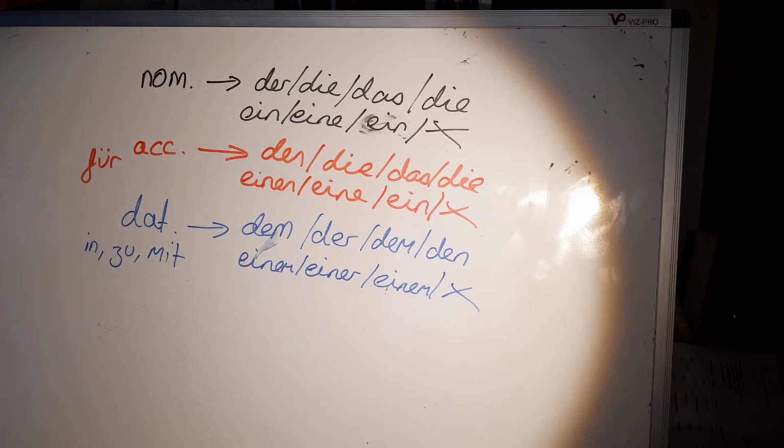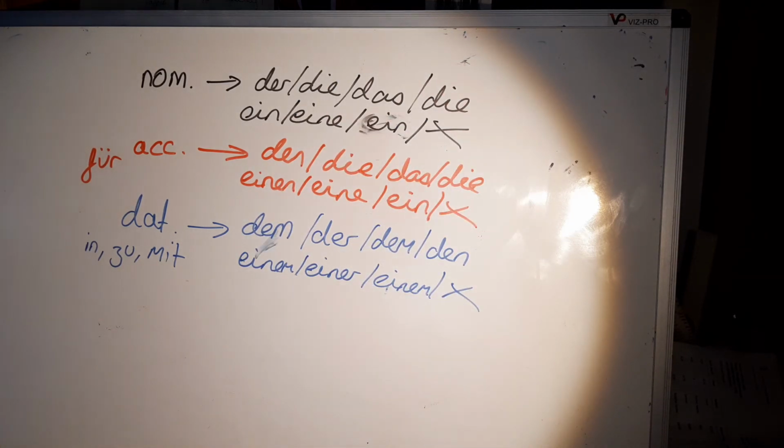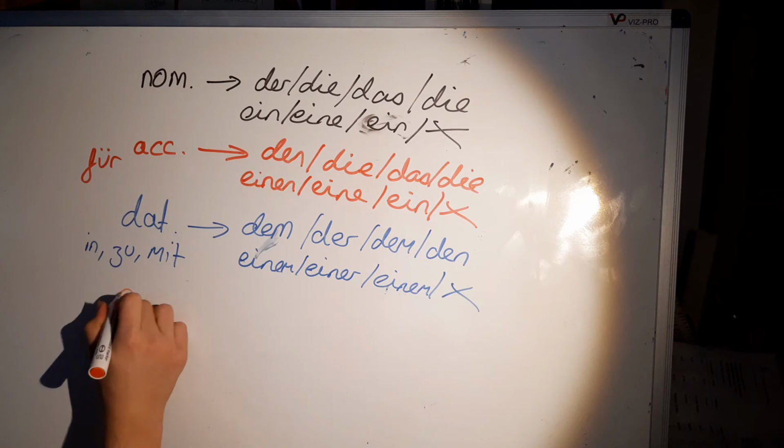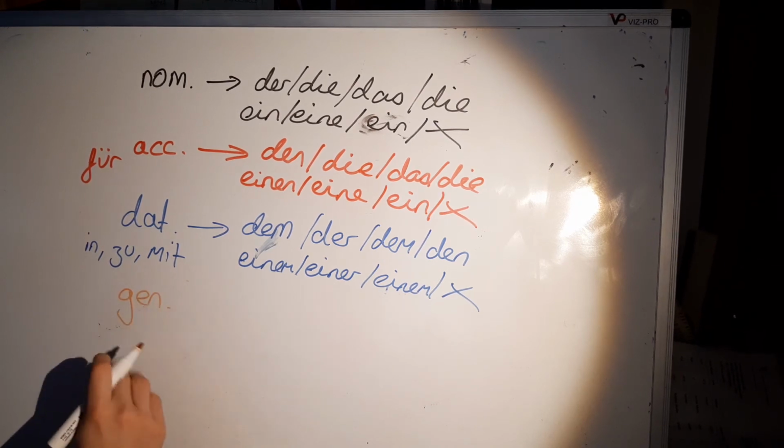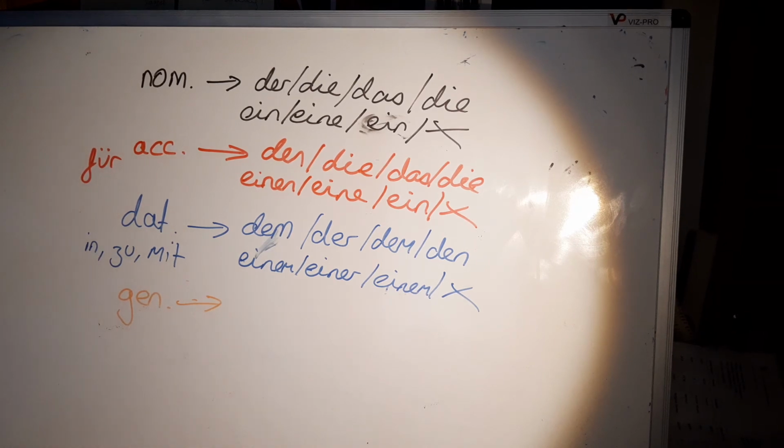So, and then the final one, which you haven't been done with yet, is the genitive. And that's the one I'm going to put with a dot, because genitive, you should be able to spell that hopefully. Now this one means of the or of a. So for example, der Vater eines Hund, der Vater eines Hund would be the dad of a dog.